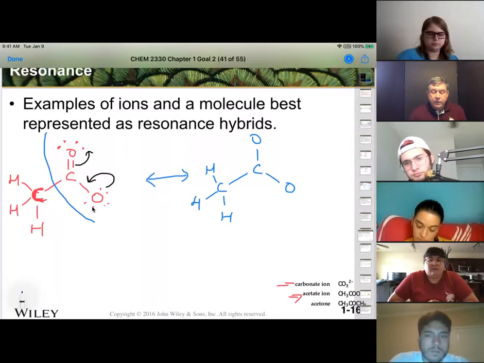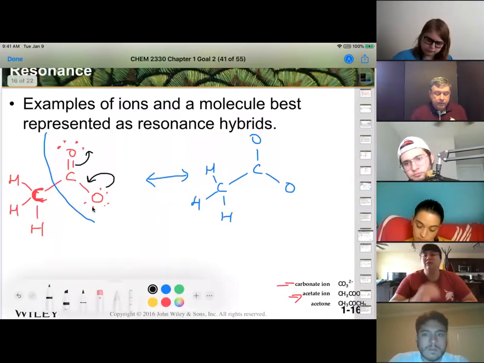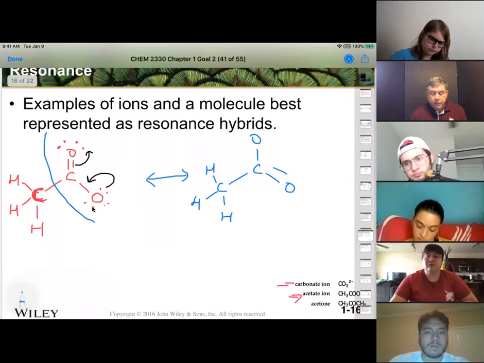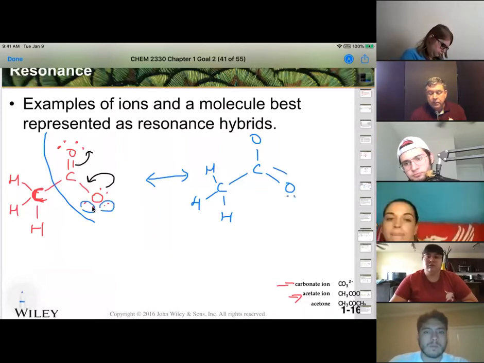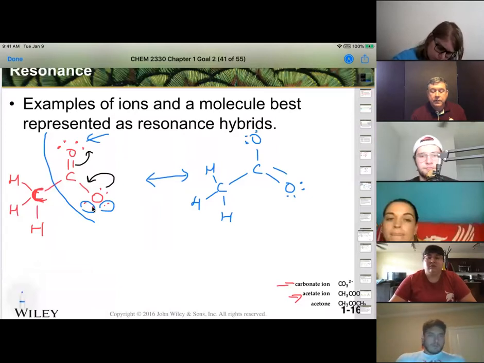If we do that, we end up with our double bond here, and we still have 2 lone pairs on this carbon. But we had 2 lone pairs on this carbon here, and we added another lone pair, so we're going to end up with 6 electrons on this carbon.